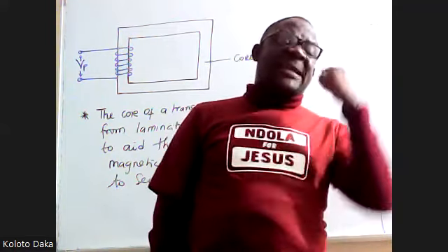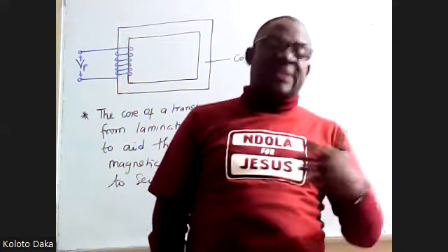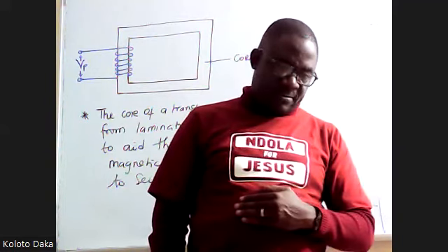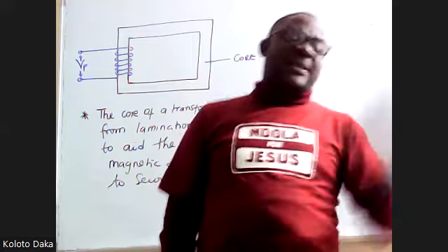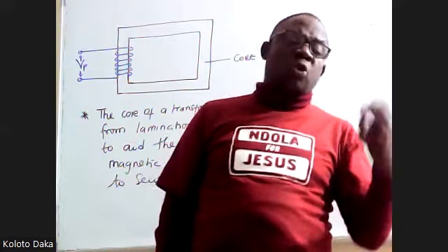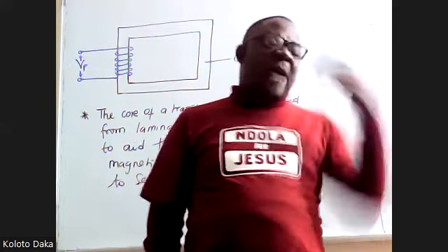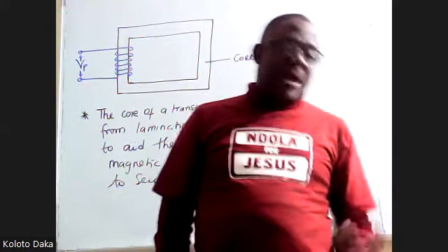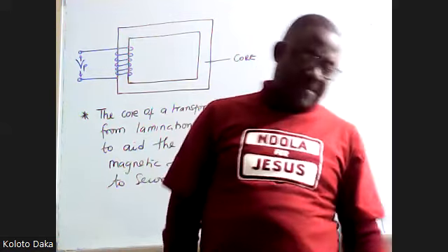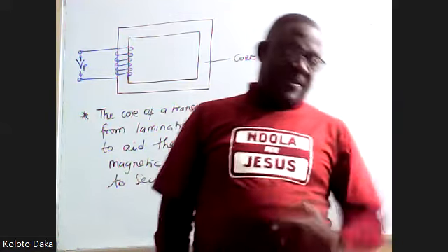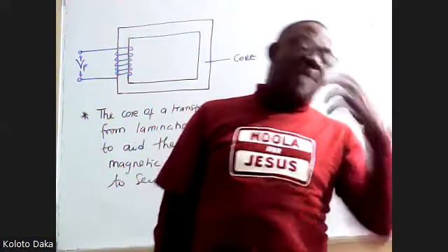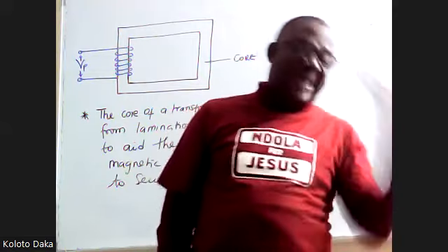A material that can easily conduct magnetism, we say has good permeability. A material which can easily conduct electricity has low resistance because it has good conductivity. So current is to conductivity, and the opposition to conductivity is the resistance. Magnetism is to permeability, and the resistance to permeability is called the reluctance.